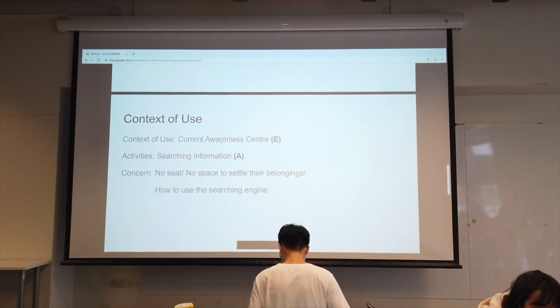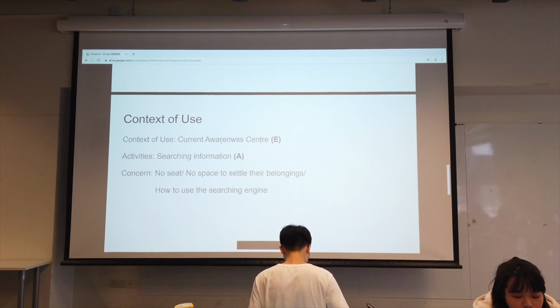We see that their concerns would be no seats and no space to put their belongings. And we also found that they are very confused when using the search engines.